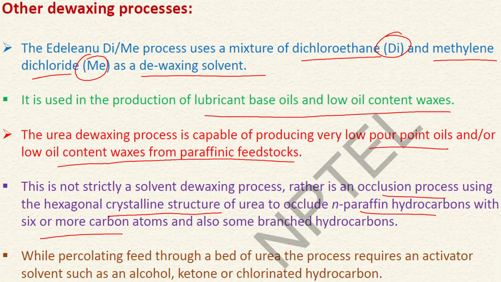The size of the urea crystal keeps on increasing to remove the wax content from the oil. While percolating feed through a bed of urea, the process requires an activator solvent. When we pass the feed over a bed of urea, an activator solvent is required, which is mainly alcohol, ketone, or chlorinated hydrocarbons.